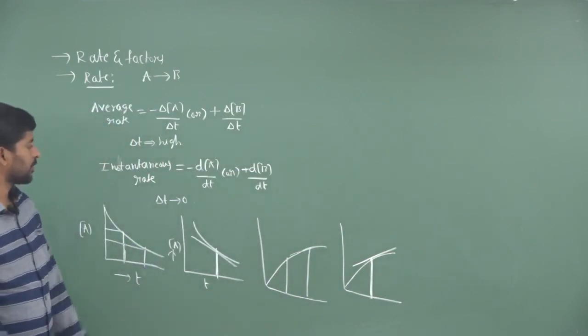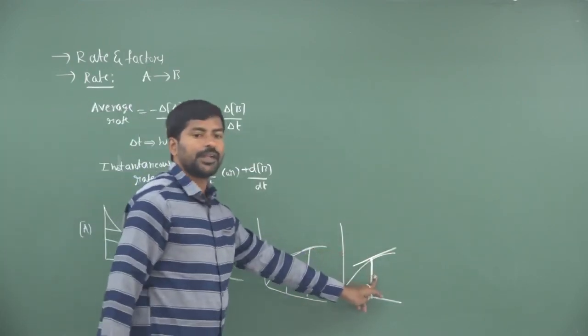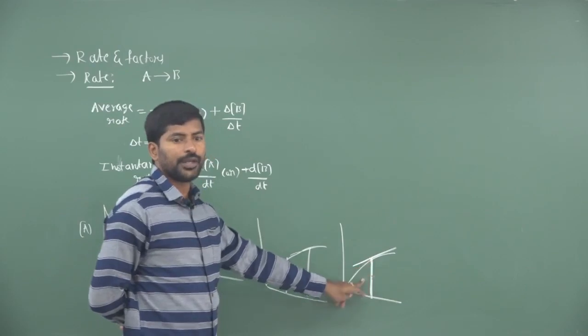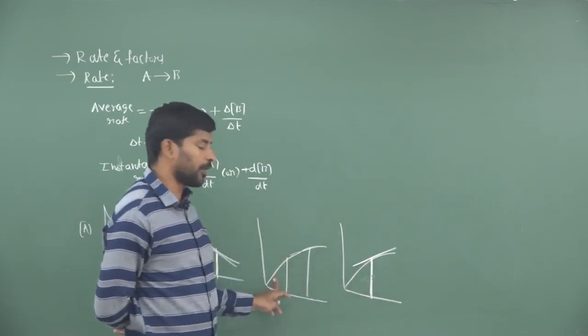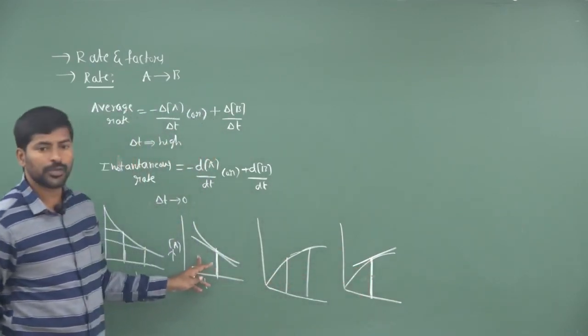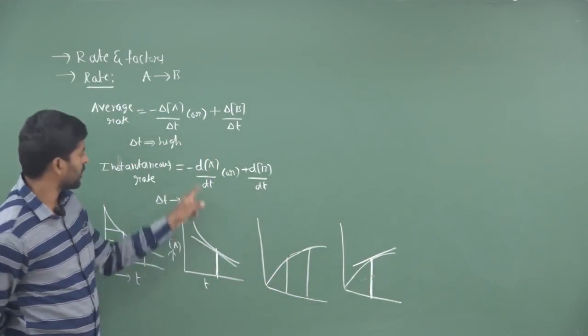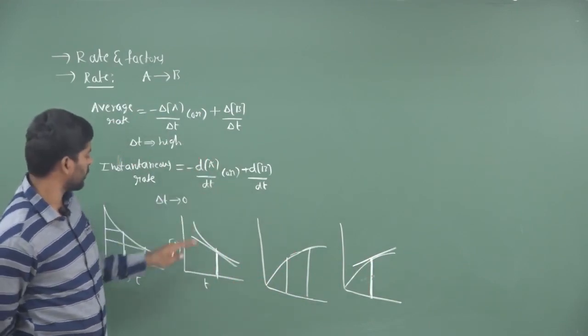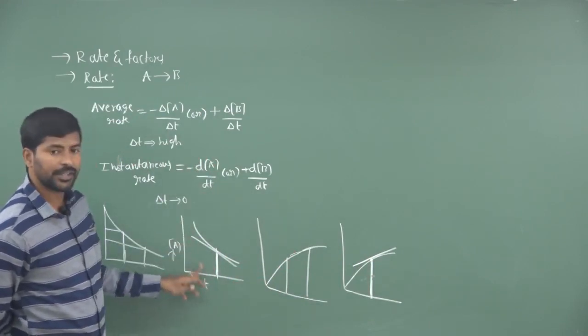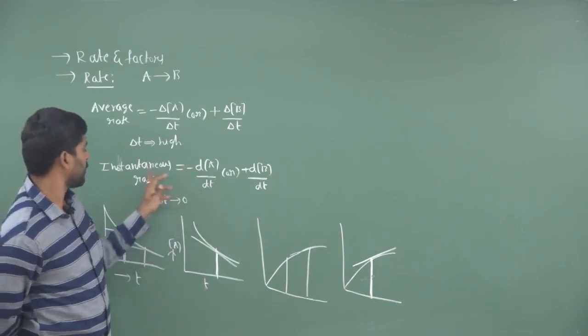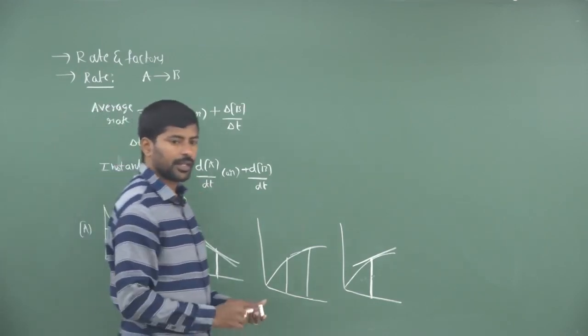Instantaneous rate. So this is plus dB by dt. Directly the slope gives rate of reaction. In the case of A, negative of dA by dt gives rate of reaction, and dA by dt is the slope. So negative of slope gives instantaneous rate.